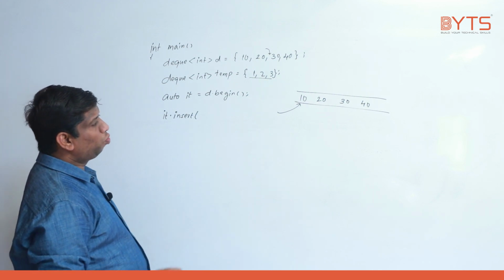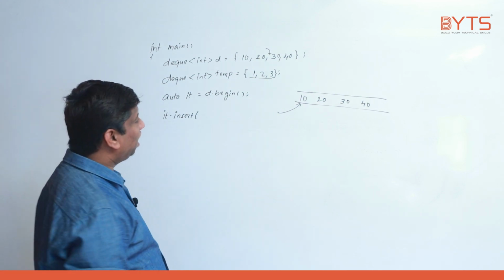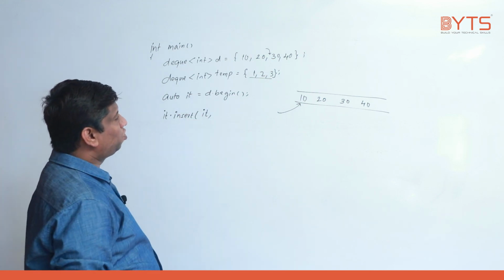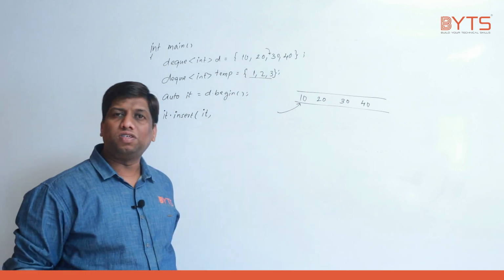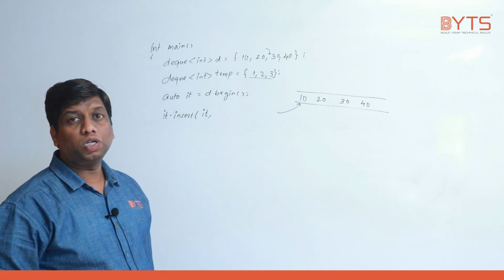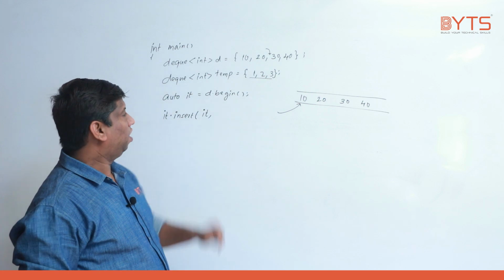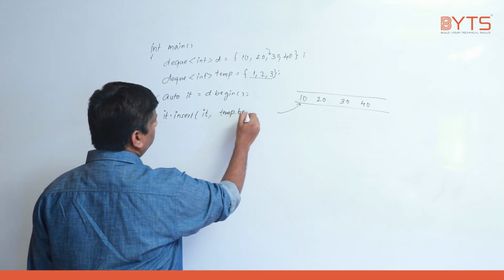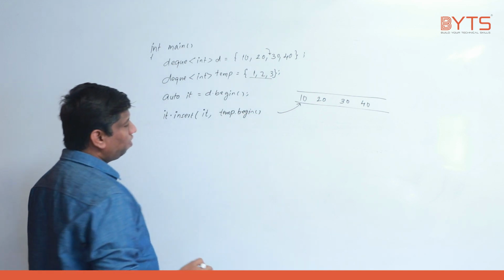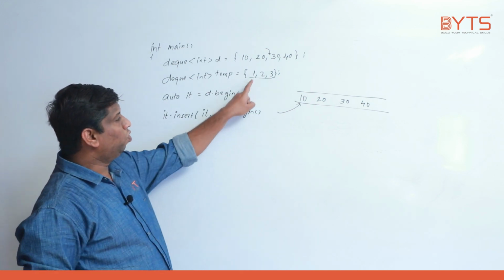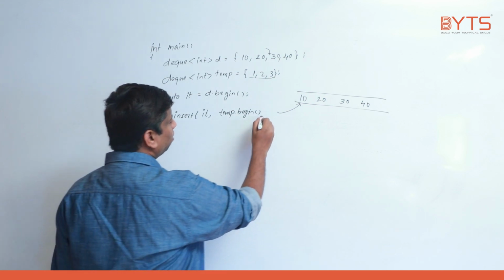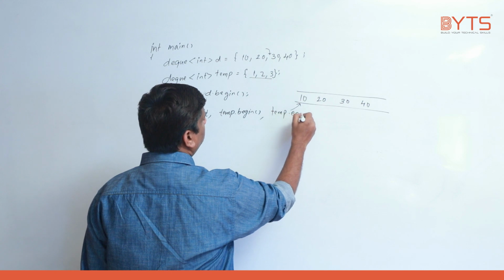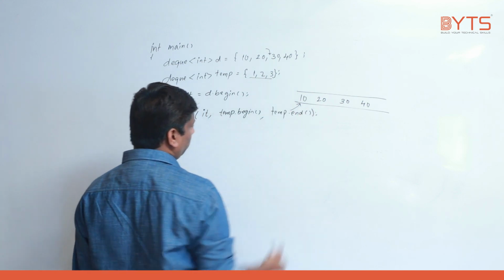okay, fine. Now we need to give three things. First, at which position you need to insert, it, comma, and how many elements, 3 elements, from which position to which position, from 1 to 3. So temp.begin, the input iterator start, will give you this iterator position, comma, temp.end.